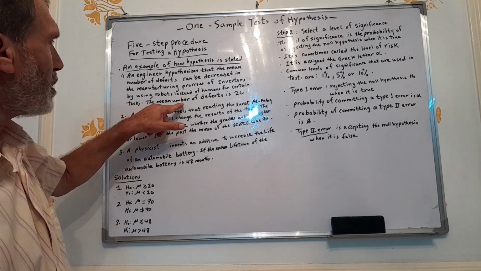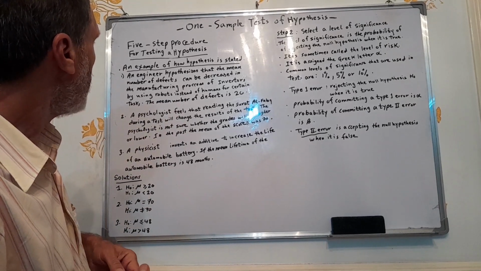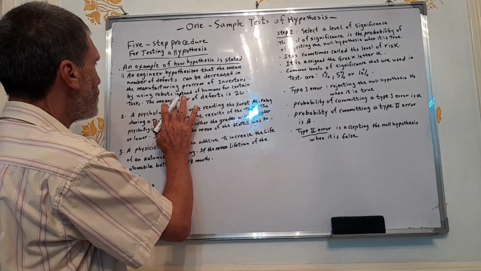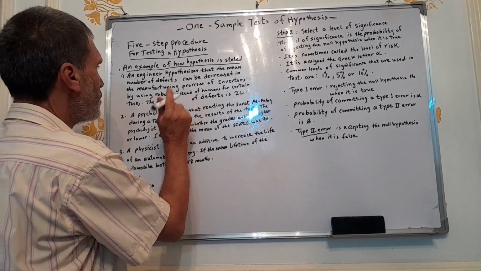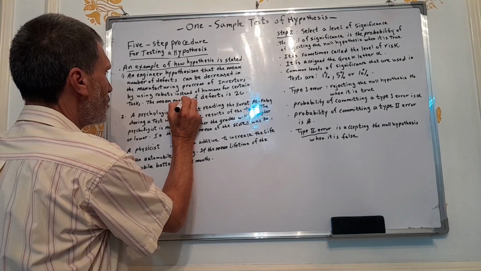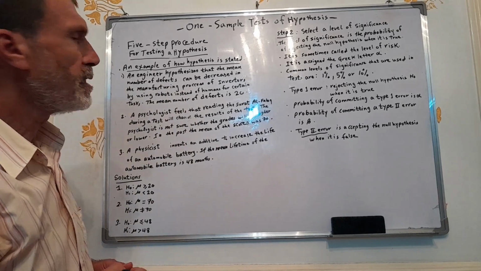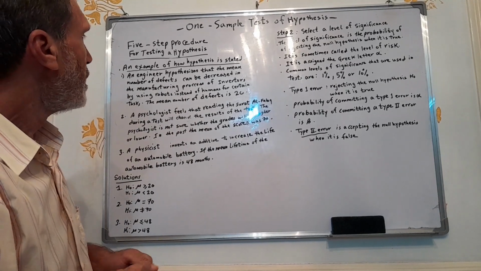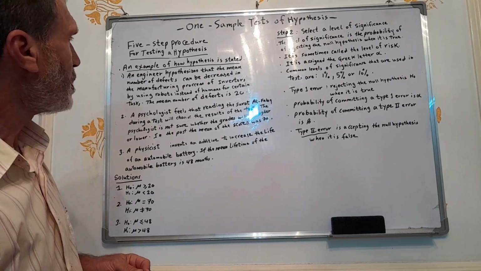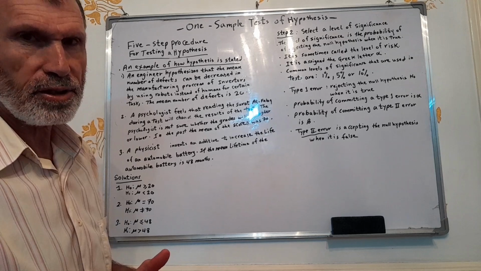The mean number of defects is 20. Now, in this question, we need to state the null hypothesis as well as the alternate hypothesis.